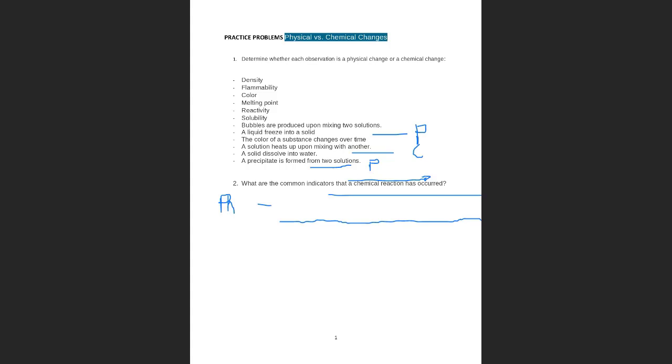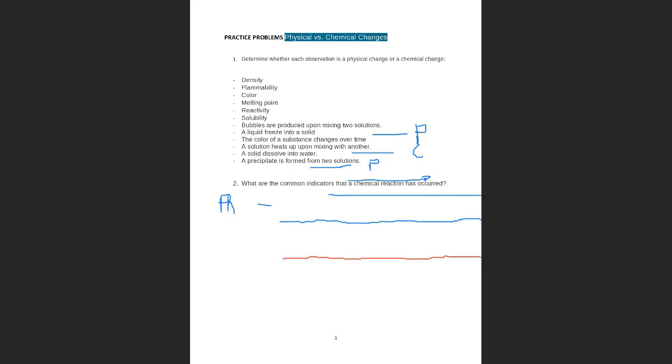Yes, there is a chemical reaction. Very good. And now, a solution heats up upon mixing with another. We said that the temperature can be a sign of a chemical change.